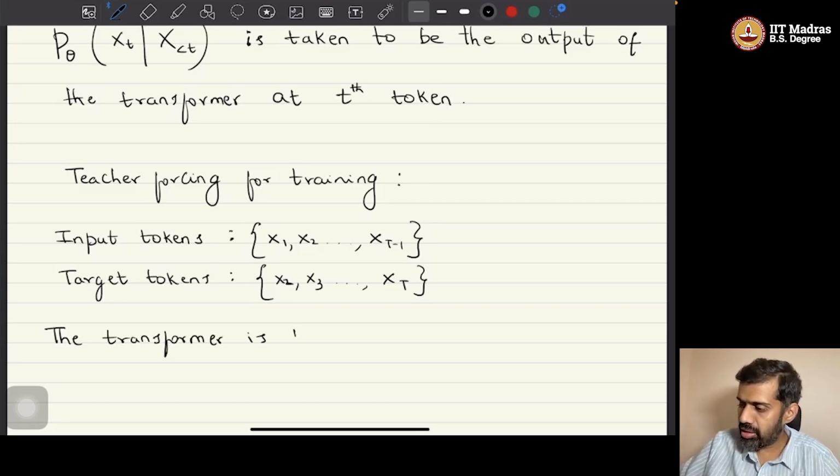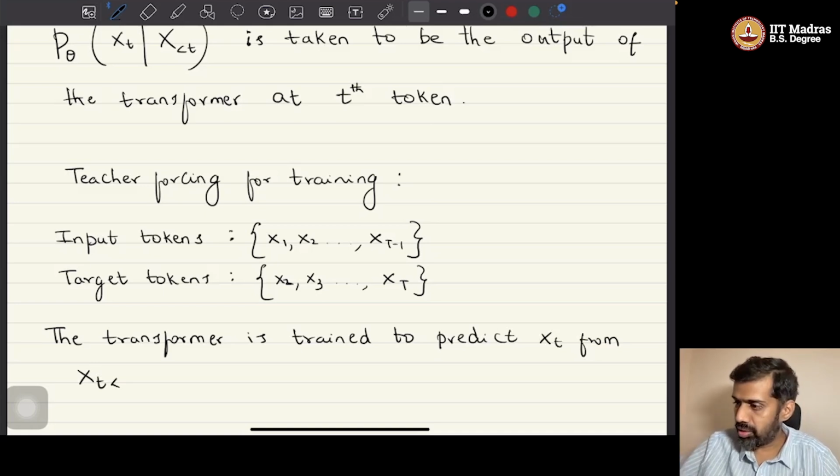Now note that the transformer, because of the masked attention, is trained to predict xt from x less than t, which is all tokens prior to xt, right?